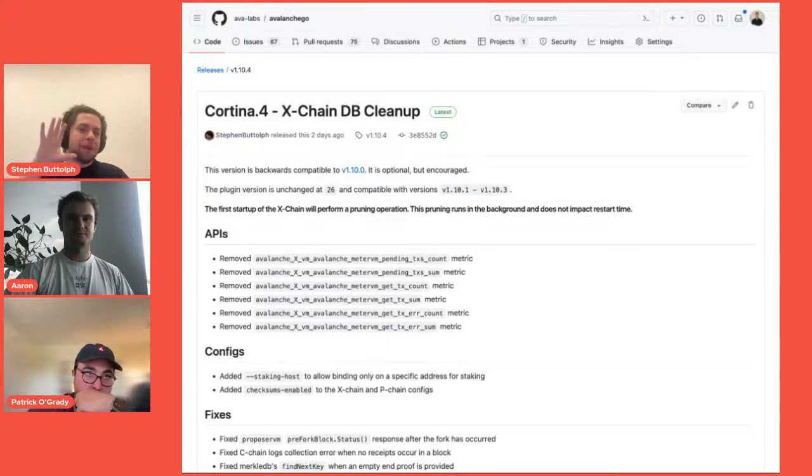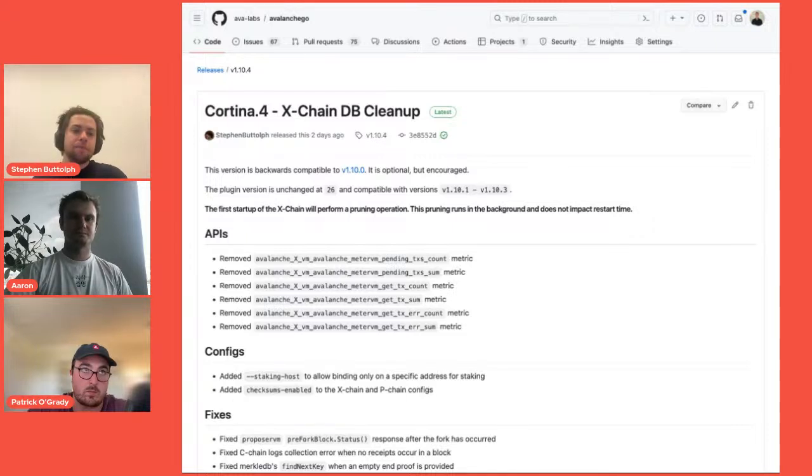Going forward, we will keep this pruner in the background up until the next network upgrade, so 111. And then after 111 is activated, we will assume everyone has cleaned up their databases and remove this, which is the standard flow for database batch cleanup operations for us.